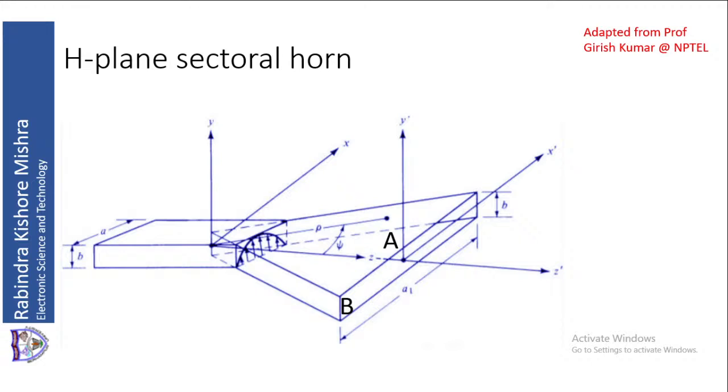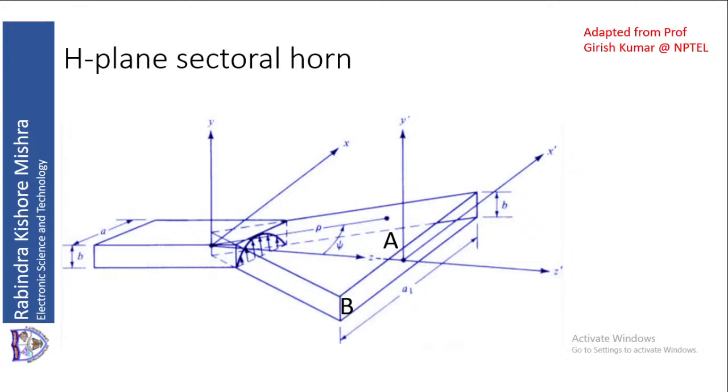When expansion is along the x-axis, it looks like this. If I look at the waveguide or the horn antenna, the H-plane sectoral horn will look like this.